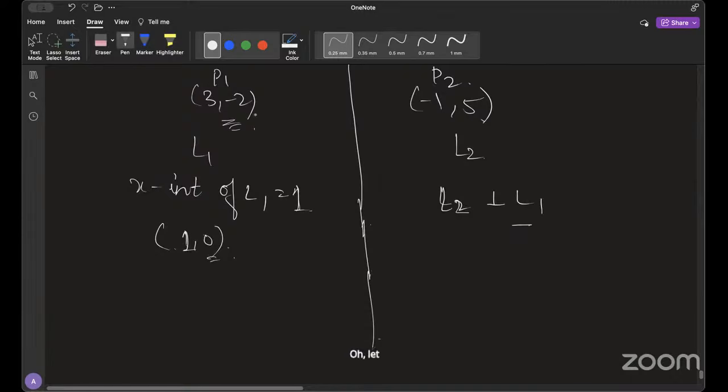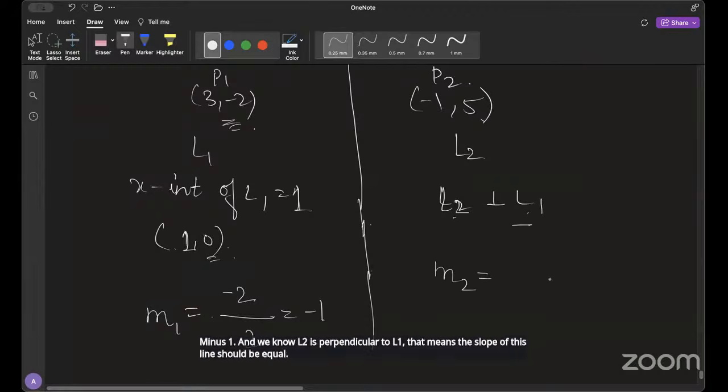Let's just find the slope first. It will be minus 2 over 2, so it's going to be minus 1. So your slope here is minus 1. And we know L2 is perpendicular to L1, which means the slope of this line should be equal to 1, right?